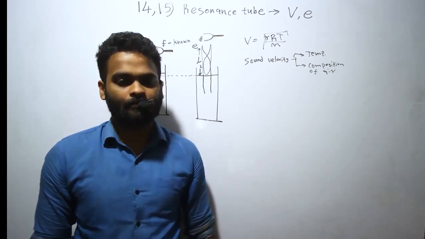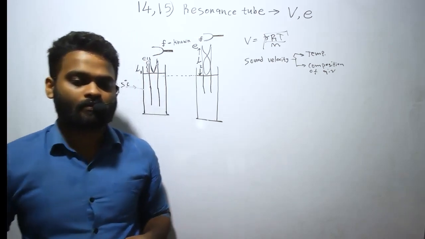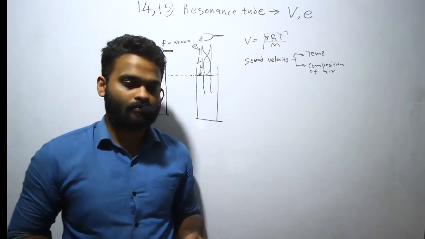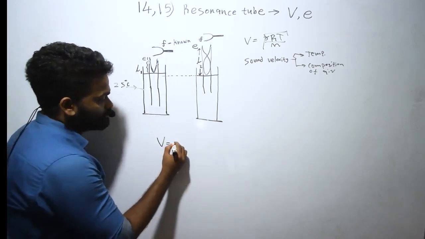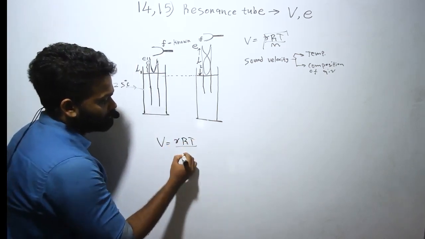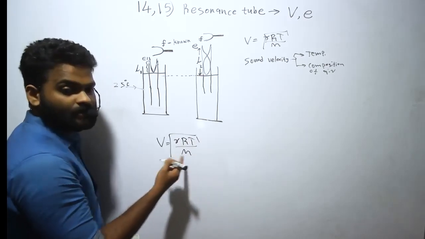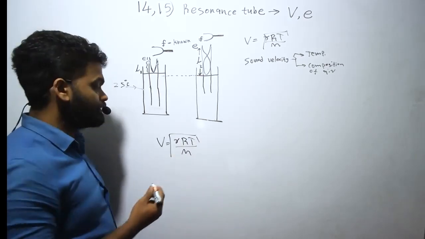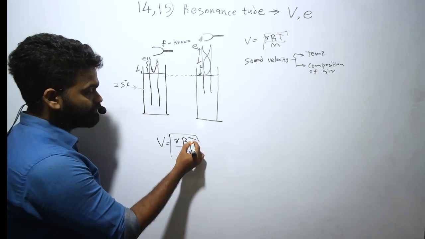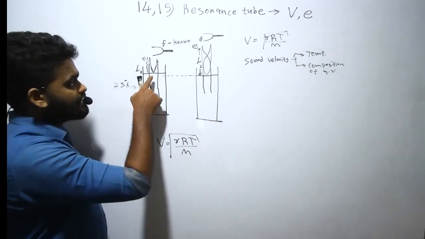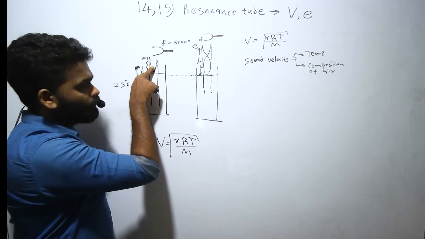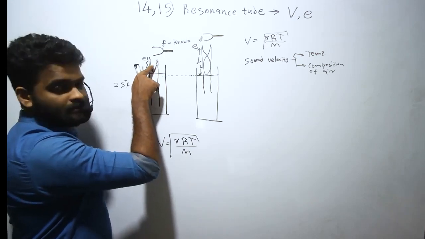Okay. Now listen. V equals the square root of gamma RT divided by capital M. This equation gives us the velocity of sound. Since there is water, the water vapor content here is higher.